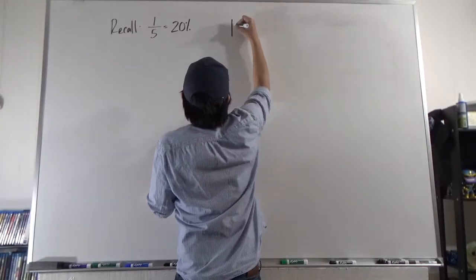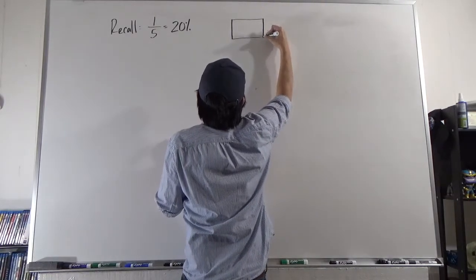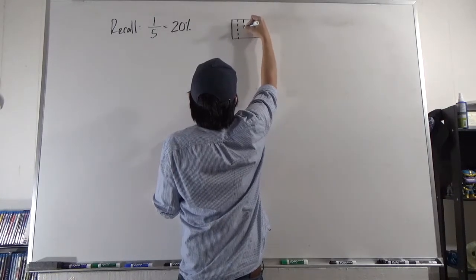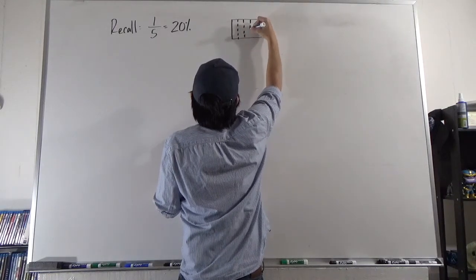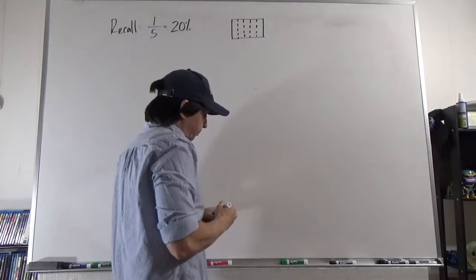I want a visual image of this via a candy bar. We did this earlier. Just a small one. And we're going to cut it into 5 pieces. 2, 3, 4, and 5. Okay.